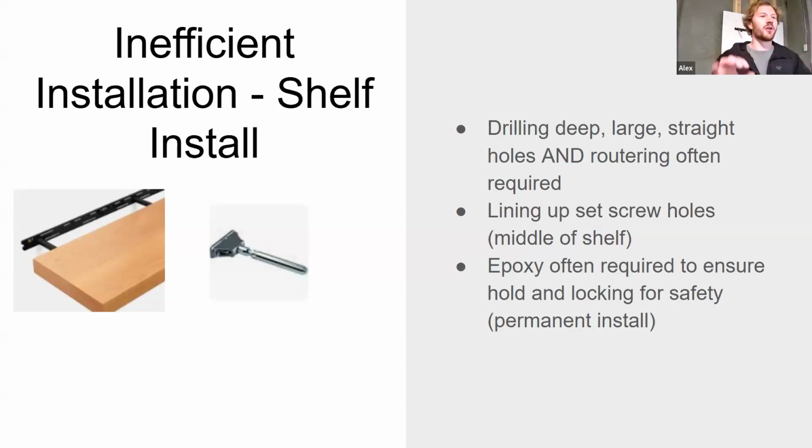So you need to make sure all that is lined up and do your calculations before you actually are putting that shelf up or installing it onto the wall. And that creates a couple different problems and a lot of work beforehand, which makes things more complicated and inefficient as well.